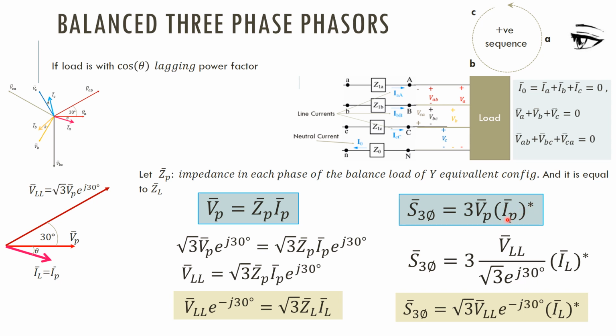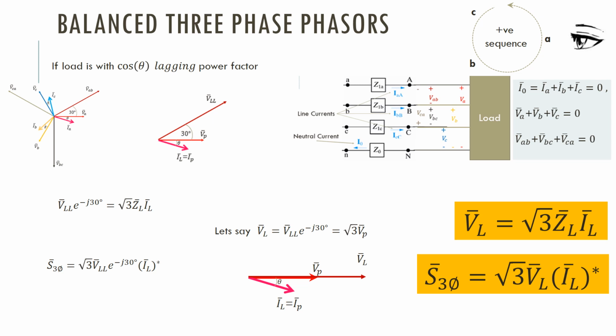For the VP phasor, you can put this equation, and you will end up with S3 phase equal to root 3 times VLL e to the power minus J30 times IL conjugate, right? So that is the balanced three-phase.